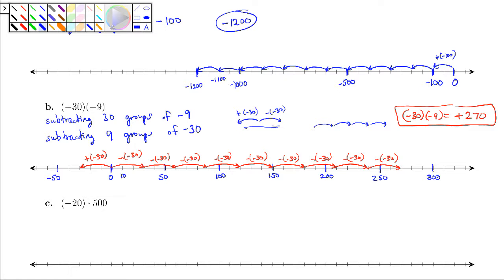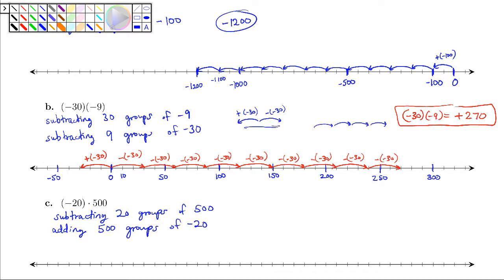All right. Now, looking at negative 20 times 500, I could think of subtracting 20 groups of 500, or adding 500 groups of negative 20.